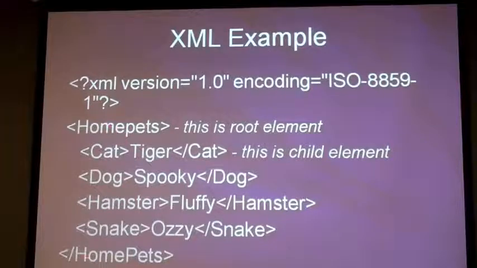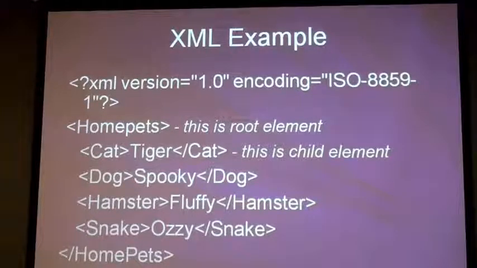So here we have child elements, because all these home pets should be incorporated within home pets, or whatever I may call it. You can call it differently, whatever you feel comfortable with. But there should be one element which encapsulates everything, and that element is called the root element. It must be present. Then I can put my information here the way I like. For example, cat, dog, hamster, and if I have more pets, you can add them.